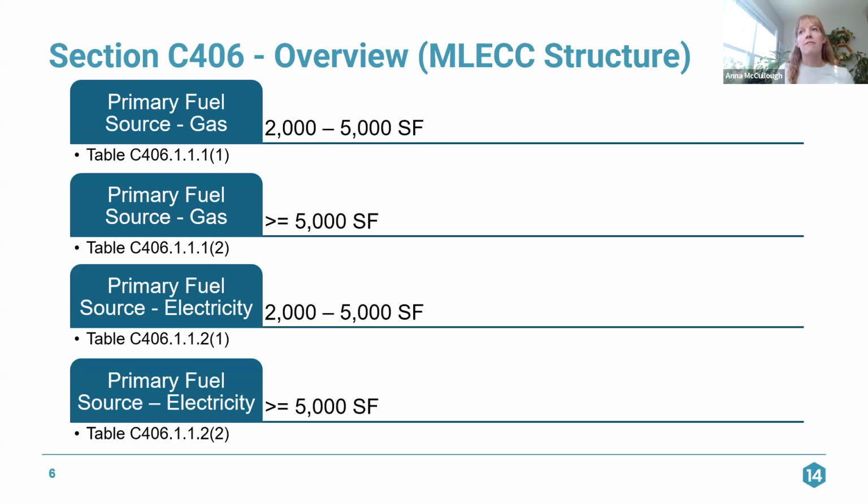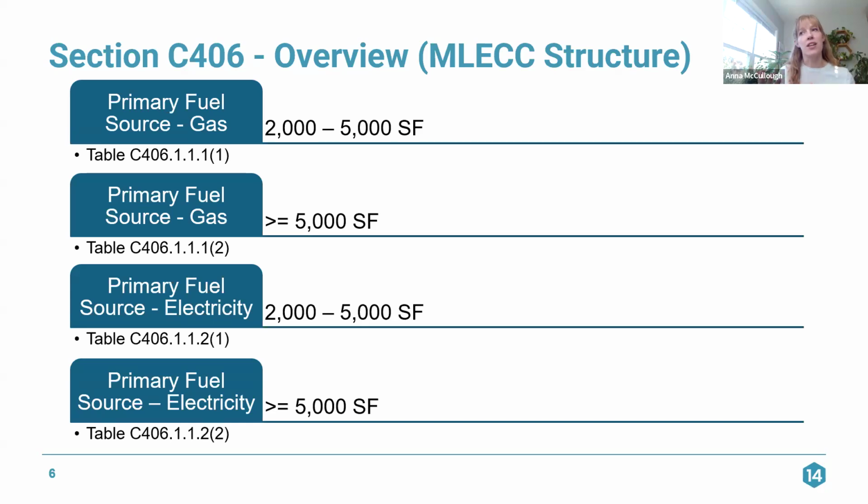So if you have primarily gas heating, or your primary fuel source for heating or service water heating is gas, and you are between 2,000 and 5,000 square feet, you're going to use table C406.1.1.11.